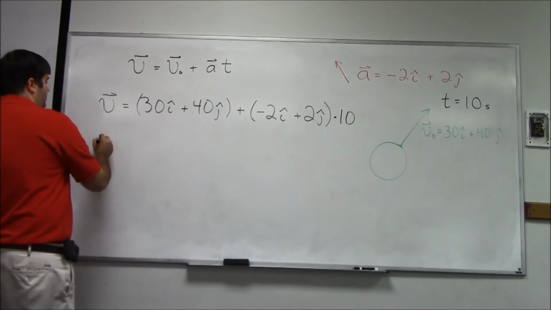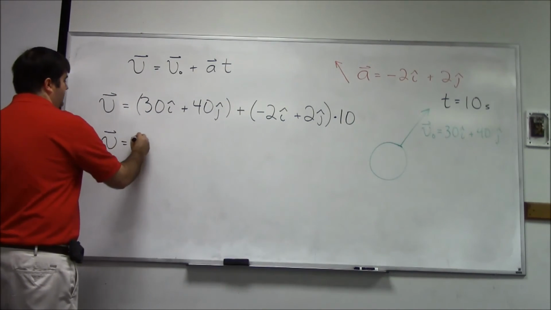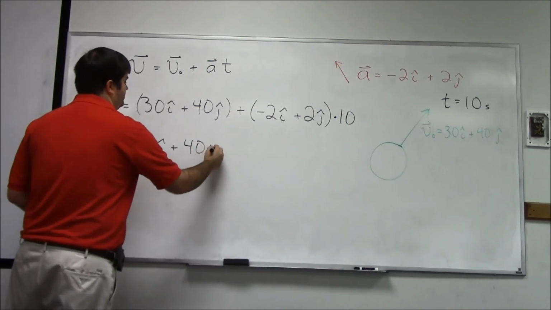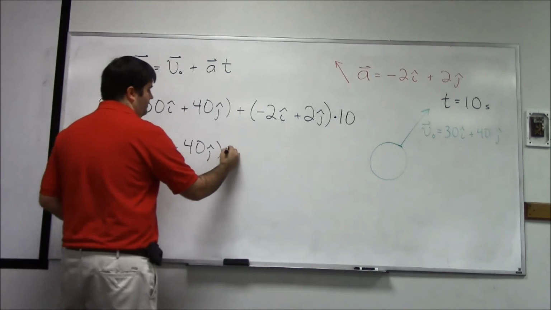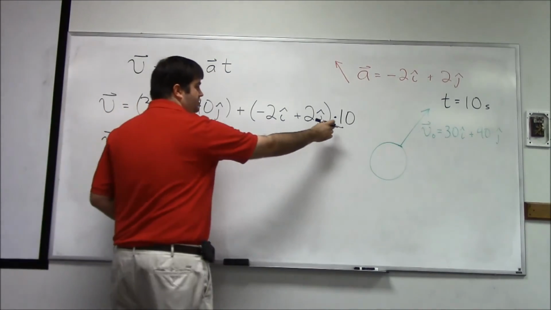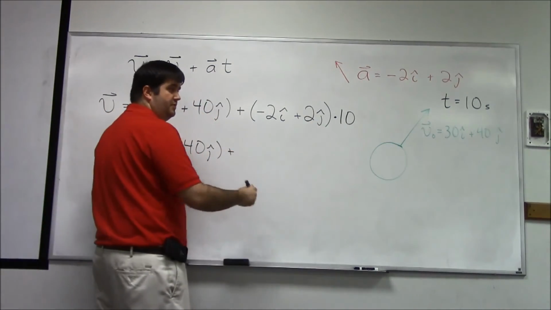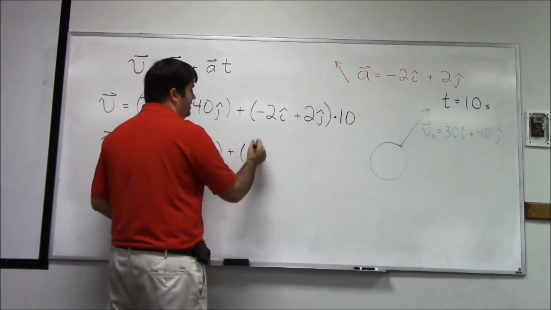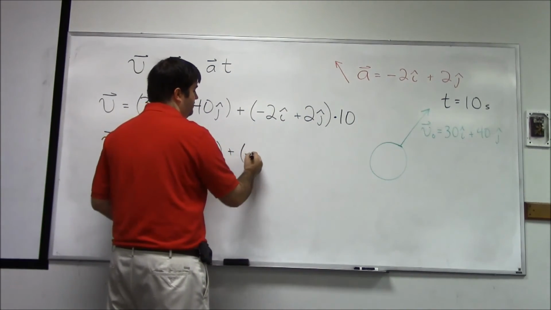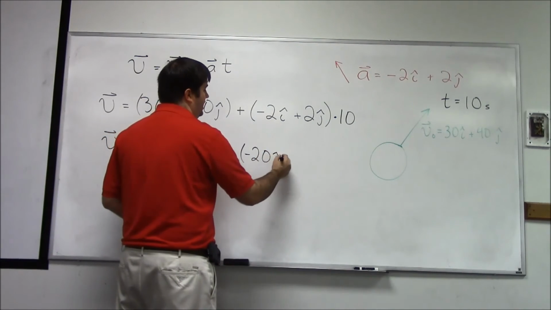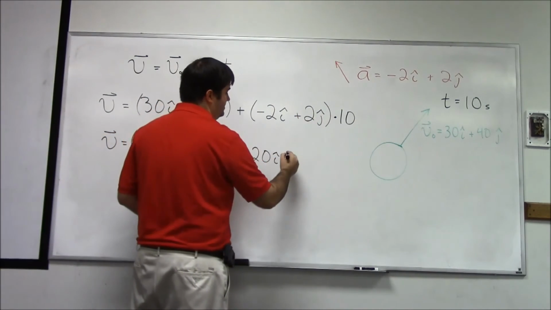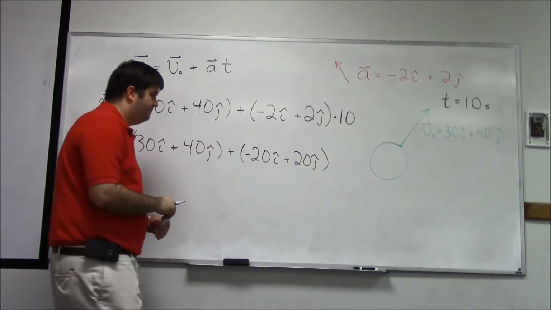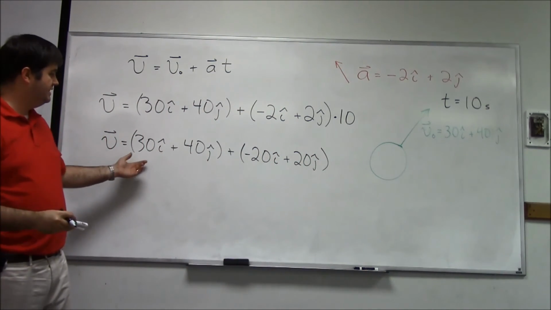And so when I go to solve this, here's 30 i hat plus 40 j hat. And then over here, I distribute the t to every term. That's what happens when you multiply by the sum of something in parentheses. So I get negative 2 times 10, which is negative 20 i hat, and then 2 times 10, plus 20 j hat. And now I can just combine the like terms.